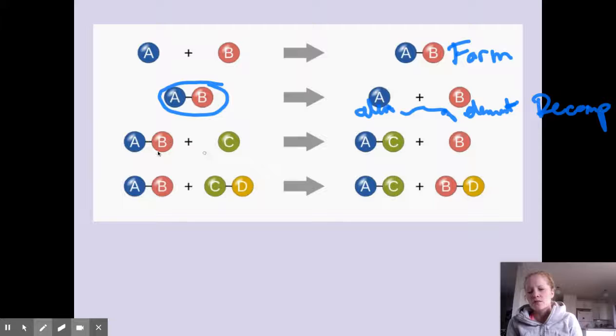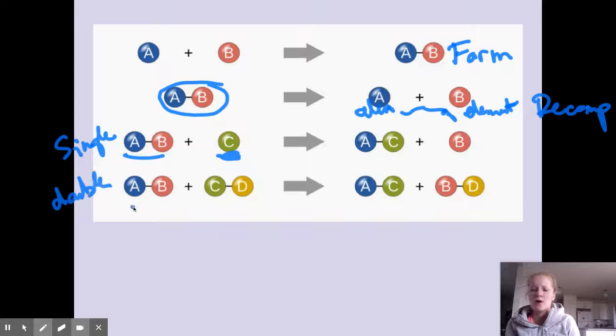This next one is a single replacement, because you have a single element on its own and a compound, and they are going to switch places. And then you have your double replacement because you have two, aka double compounds.